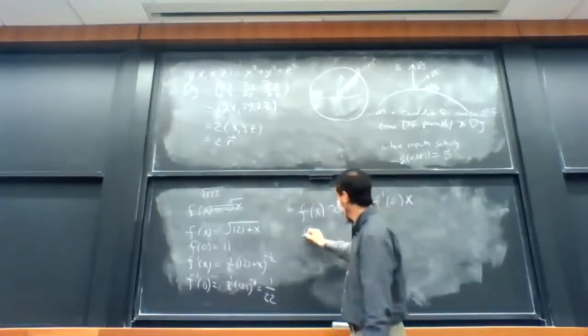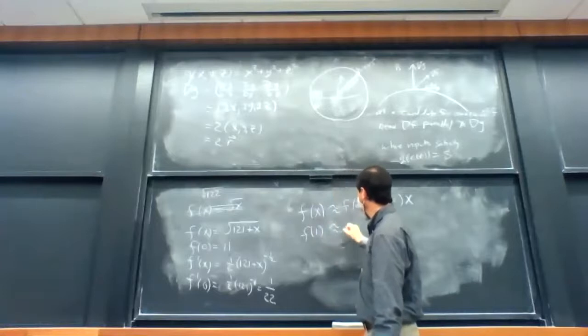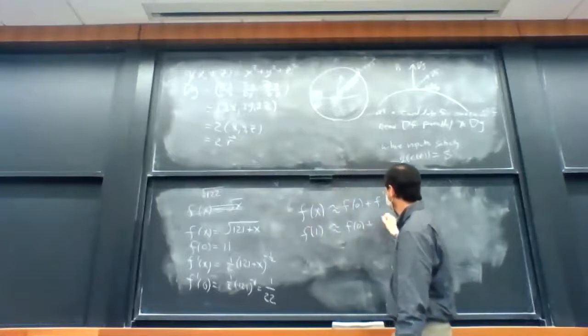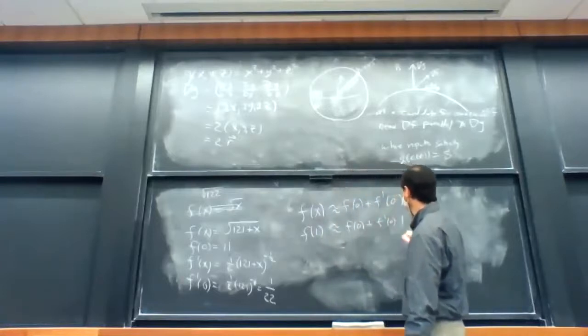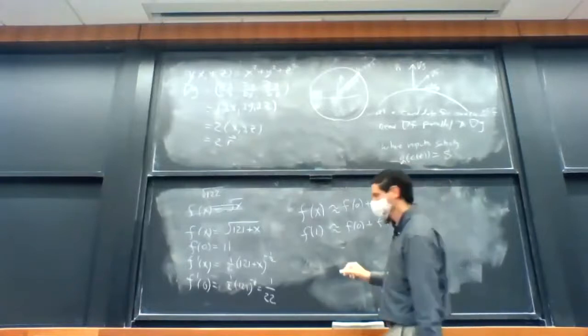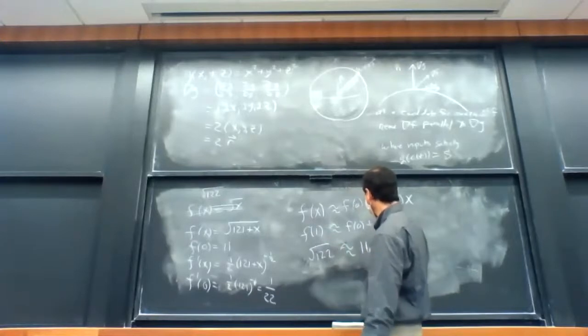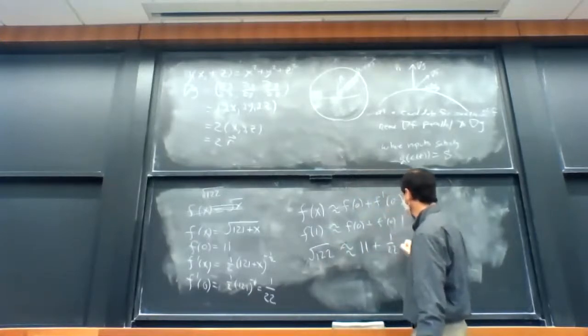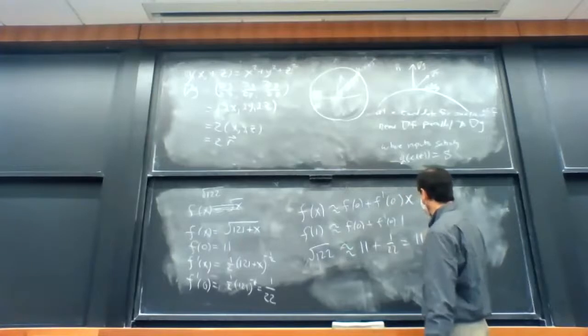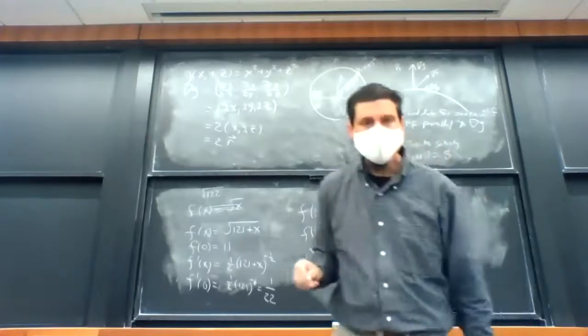And so now if we wanted f of 1, it would be approximately f of 0 plus f prime of 0 times 1. So the square root of 122 is approximately 11 plus 0.0455.